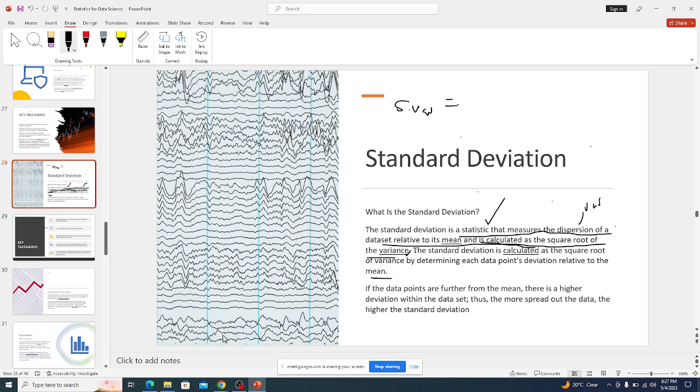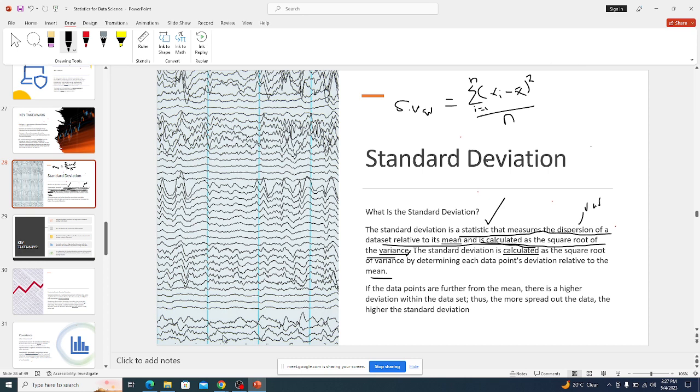By definition, sample variance is given by the summation from i equals 1 up to n of the xi values minus the sample mean, squared, and then you divide by the total number of observations, that is the sample size. So this is the sample variance.